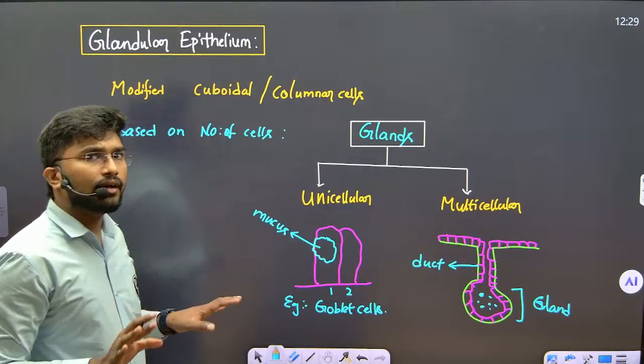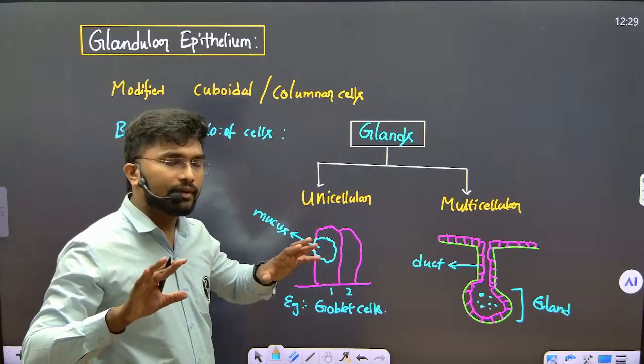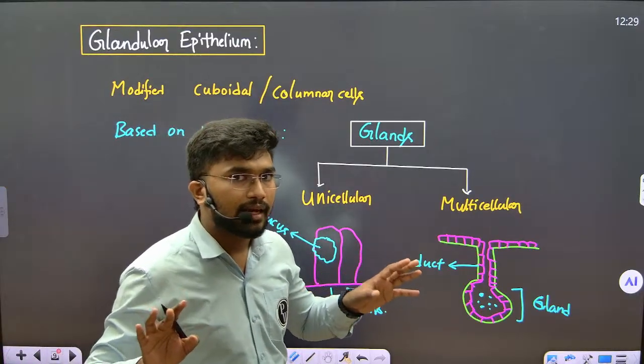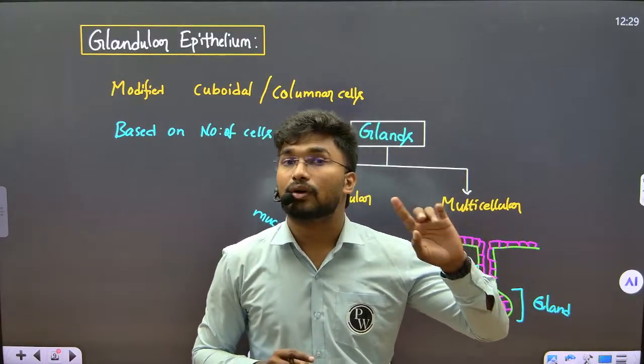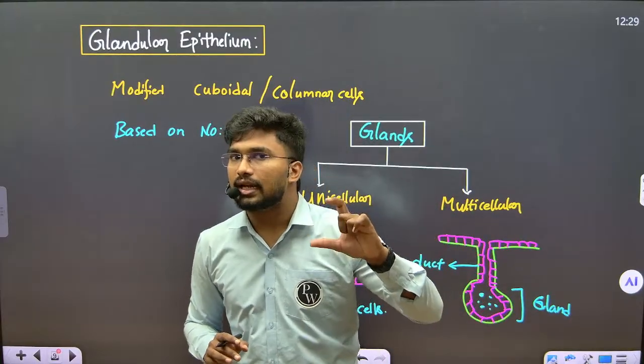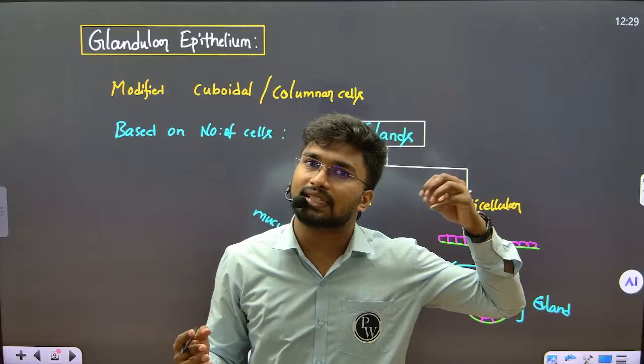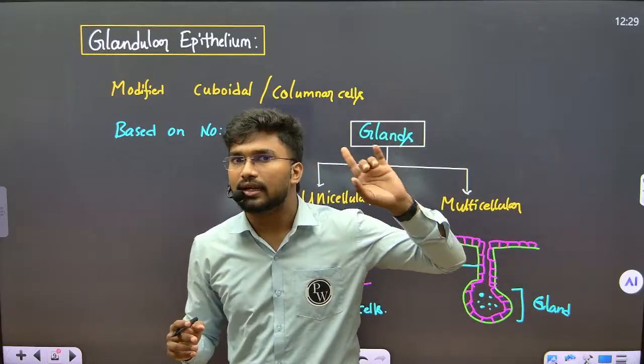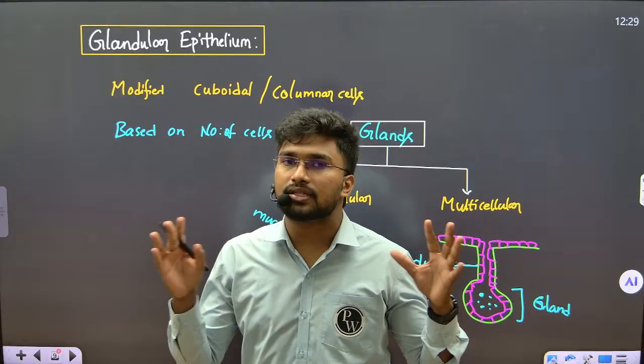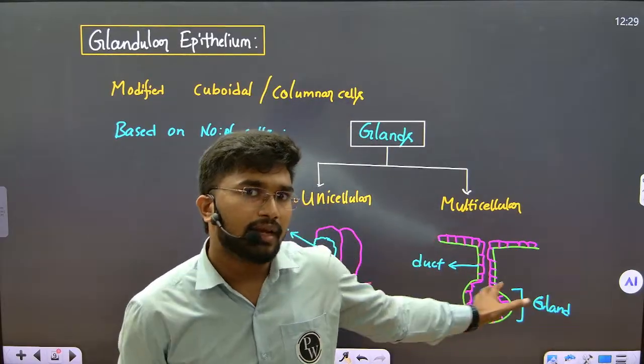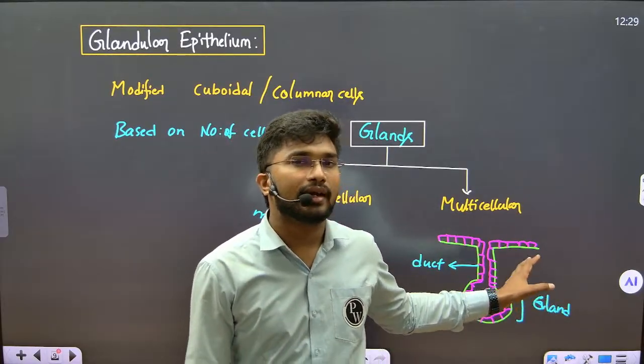Here we are talking about glandular epithelium, about glands. There are two types of glands based on number of cells. If only one cell has undergone modification and started secreting, we call it a unicellular gland. If multiple cells are involved in the secretion, we call it a multicellular gland.